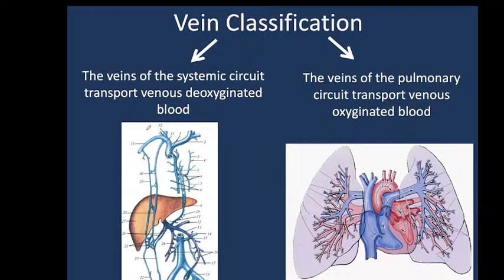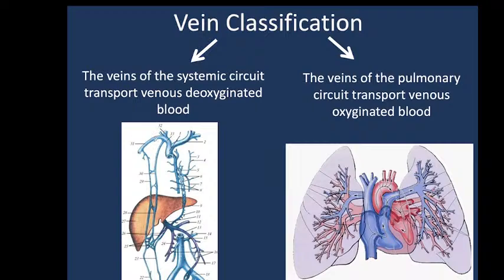So we distinguish the veins in the systemic circuit, or large circuit, and the veins of the pulmonary circuit. This is the same as in arteries: the great circuit and small circuit. These are the two big systems, and we distinguish veins the same way. What is the difference between veins in the systemic and pulmonary circuits?